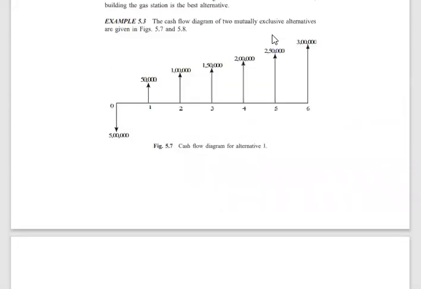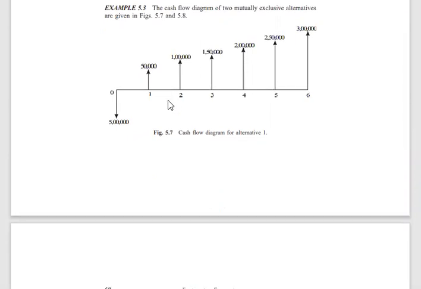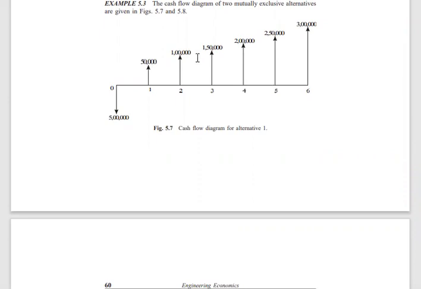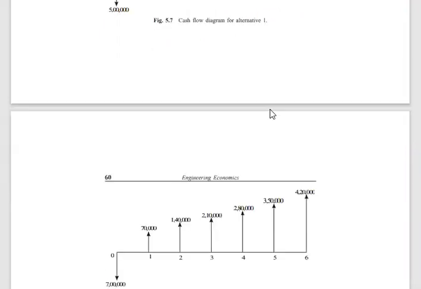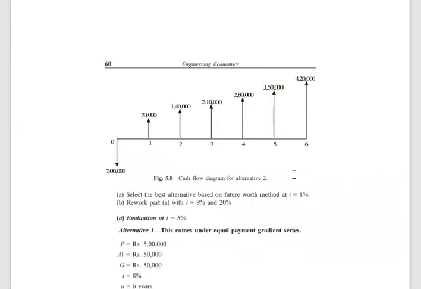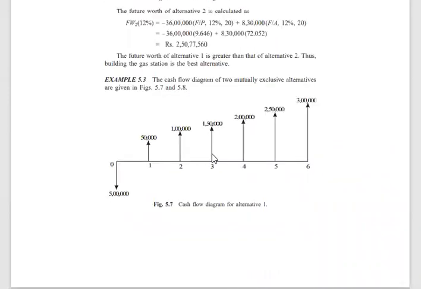In this example, the cash flow diagrams of two mutually exclusive alternatives are given in figures 5.7 and 5.8. Here the principal amount is 5 lakhs, and then 50,000, 1 lakh, 1 lakh 50,000, 2 lakhs, 2 lakhs 50,000, and then 3 lakhs. So you know that G is 50,000, gradually increasing, and A1 is also 50,000.